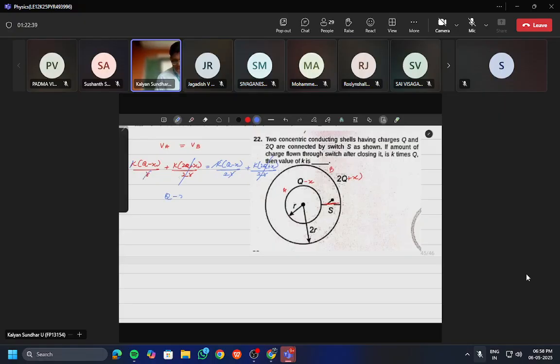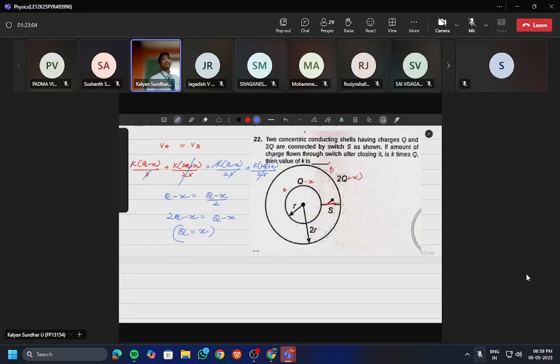So Q minus X will be equal to Q minus X by 2, so 2Q minus X will be equal to Q minus X. So Q will be equal to X. Correct? So in total, how much charge flowed? Total Q charge has gone. Correct?